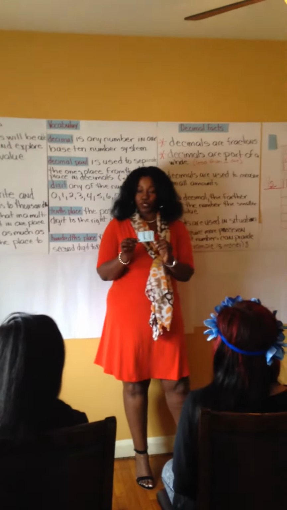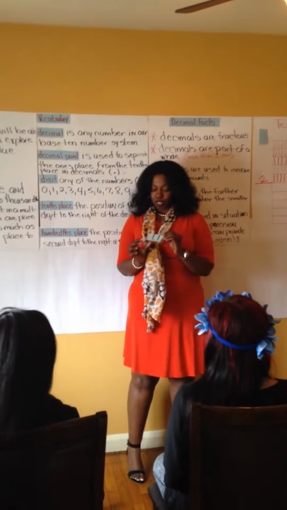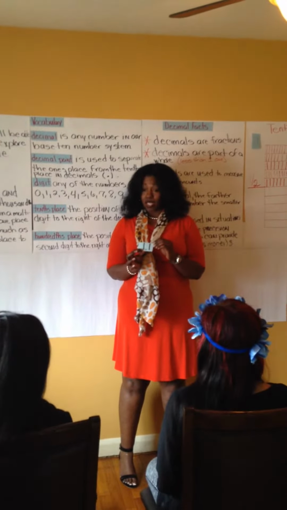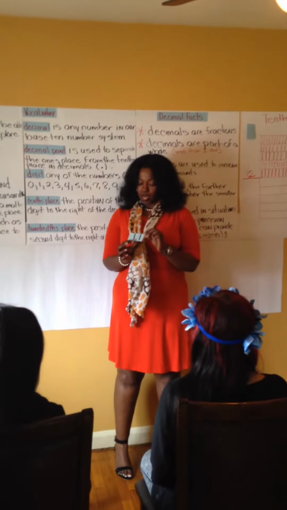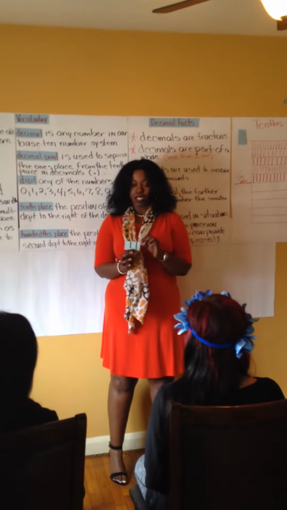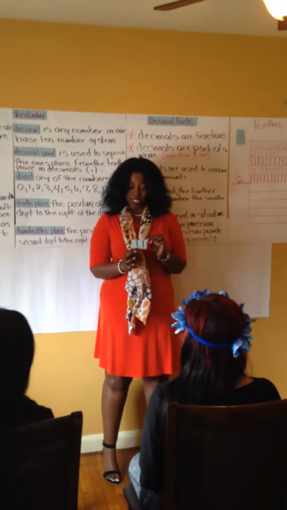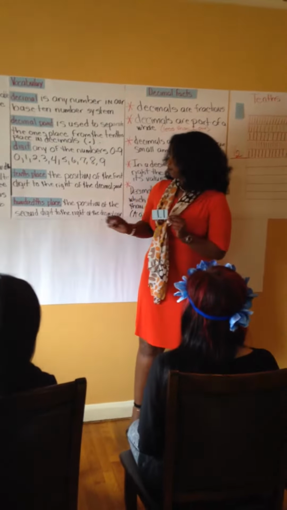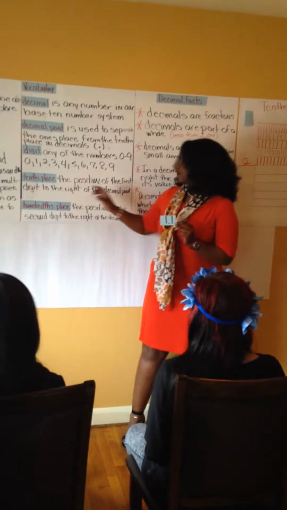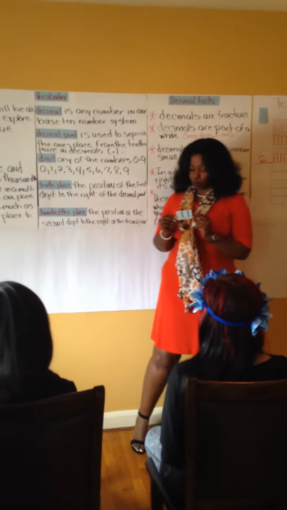So now we're going to practice reading some decimals. So, this is considered 1, which is in the ones place, and I'll show you the chart in a second. 1 and 1/10, or it'll be 1 decimal point 1/10. Remember, the position of the first digit to the right of the decimal.